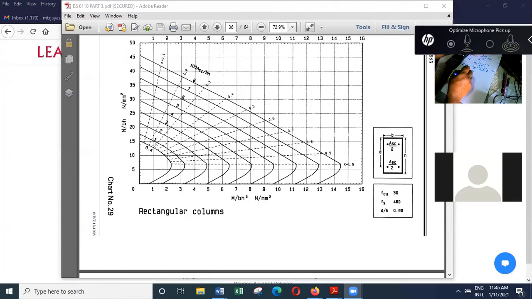And then what we do is, we find AS, which is equal to 1000 millimeter squared per meter. So which means we can provide 16 millimeter bars at 200 center to center.